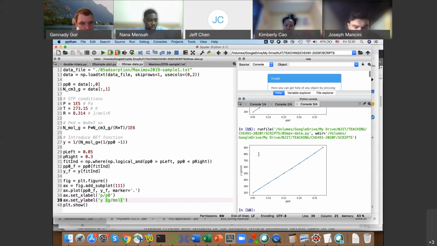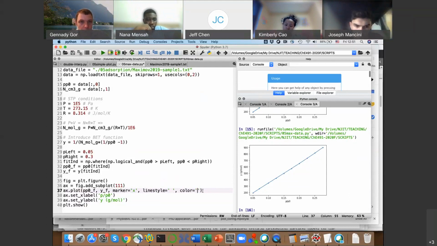All right, and now let me show you a little bit more control. As I said, we can use here the marker, and we can control the marker. Let me make the cross as a marker. Let me make the line style empty, and let me make the color red.